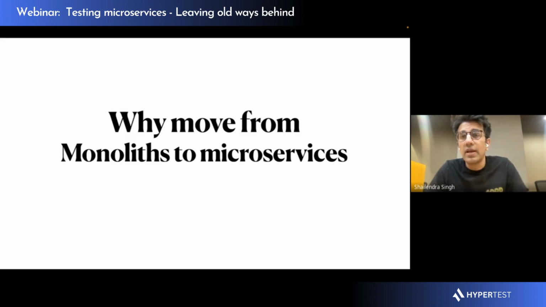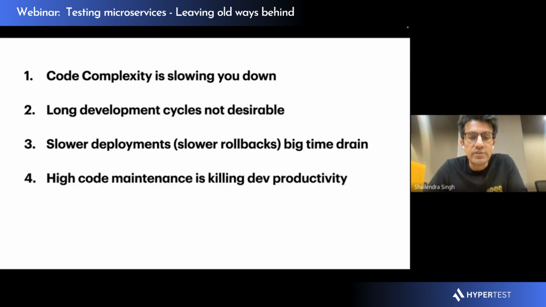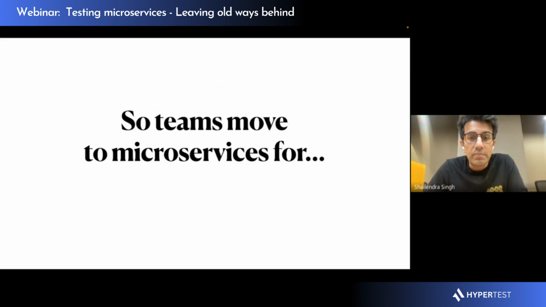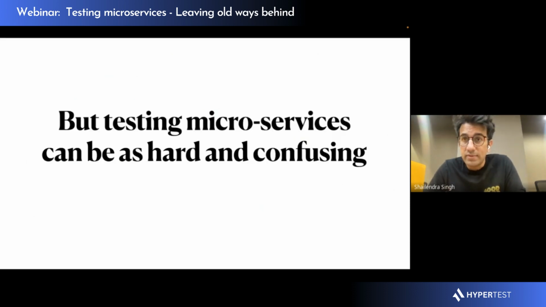Typically, these are the reasons: speed, agility, control.